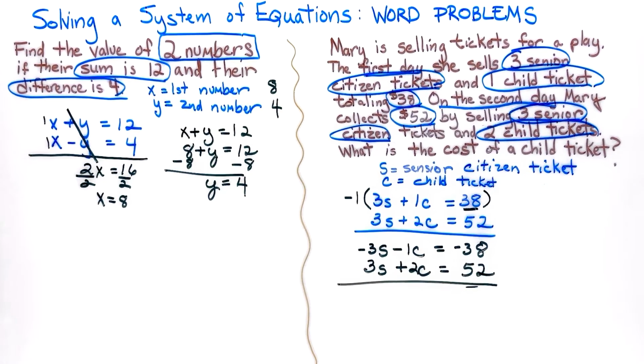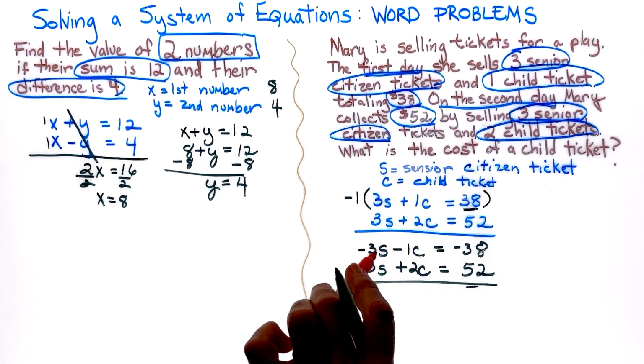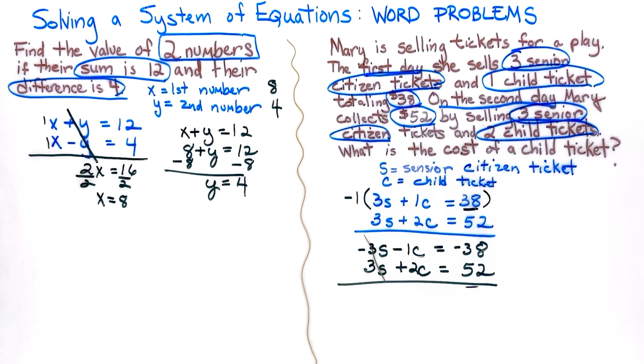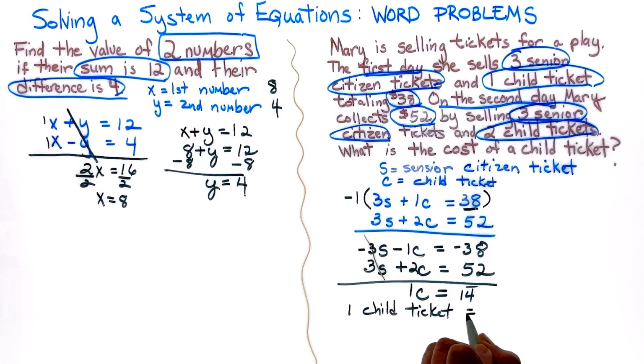And once I do that, I can see, indeed, I do have my pair of opposites. My senior tickets cancel out. So -1 plus 2 is 1C, and -38 plus 52 is actually 14. So I know that 1 child ticket is going to equal $14.